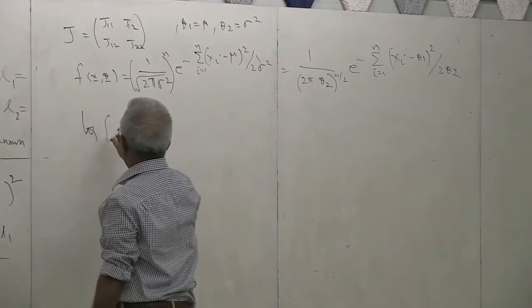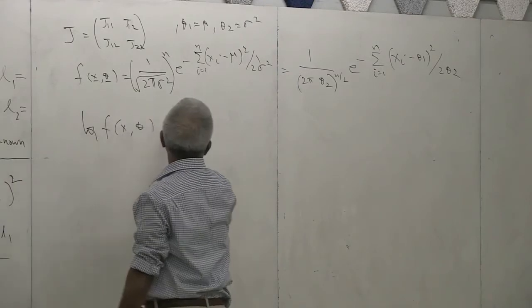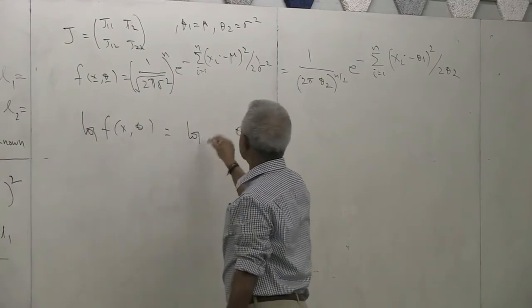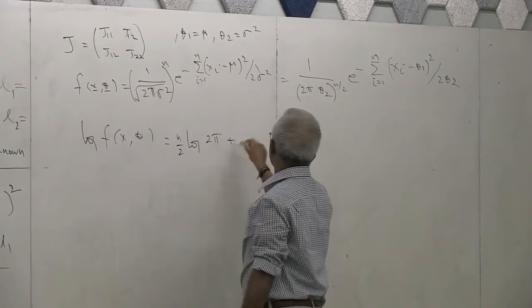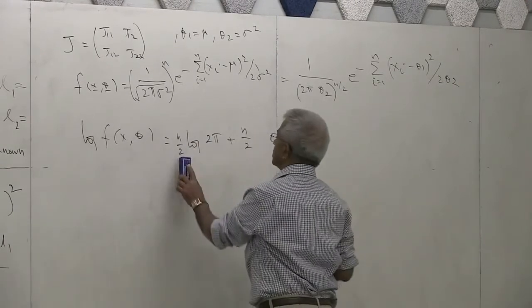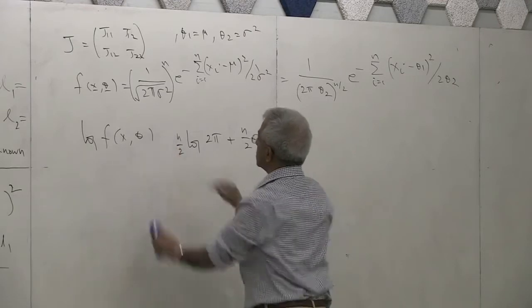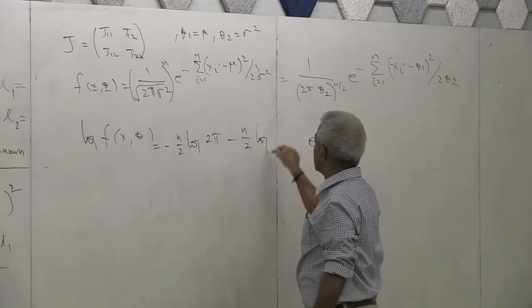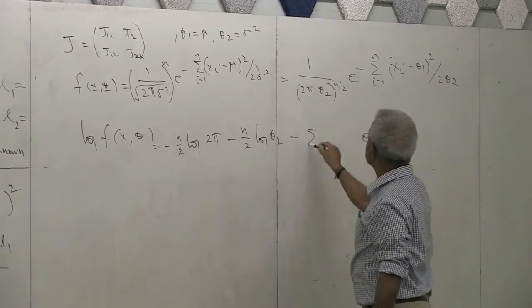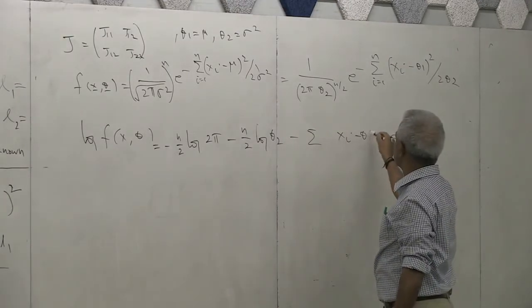Next I take the logarithm of f. So that is minus n by 2 log 2 pi, minus n by 2 log theta 2, minus sigma xi minus theta 1 squared over 2 theta 2.